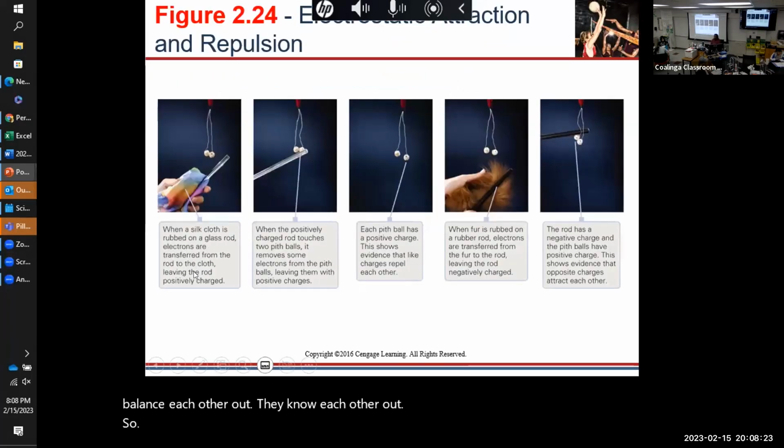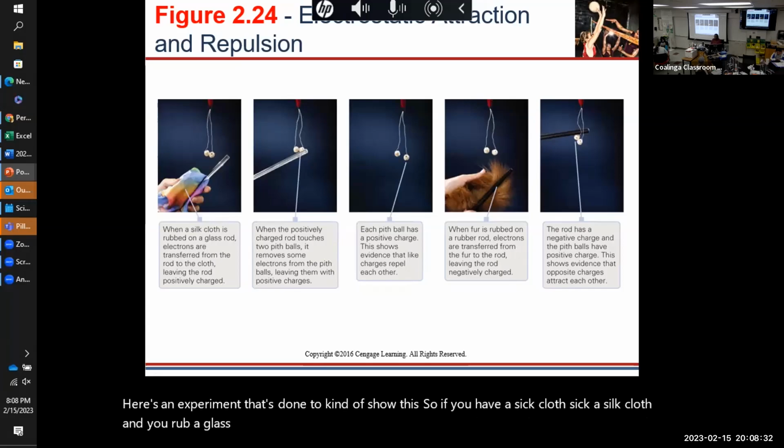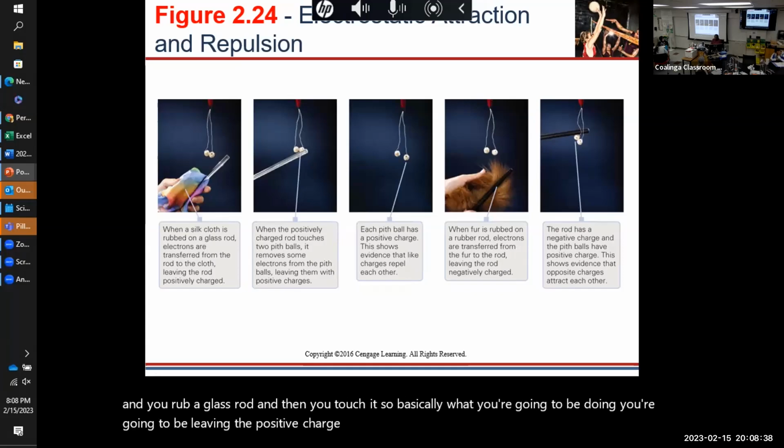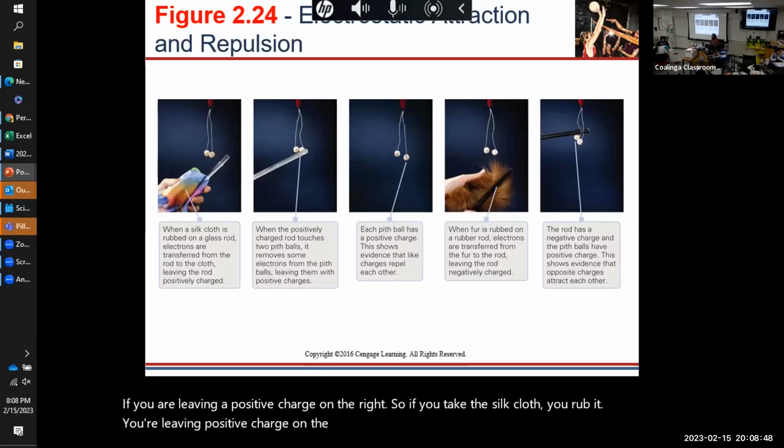Here's an experiment that's done to kind of show this. So if you have a silk cloth, and you rub a glass rod, and then you touch it. So basically what you're going to be doing, you're going to be leaving a positive charge, okay? So if you take the silk cloth, you rub it, you leave a positive charge on the rod. Now, if I take that rod and then I touch a ball, then that ball is going to become attracted to it.